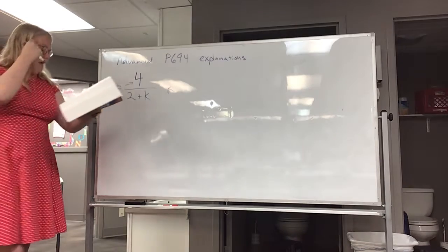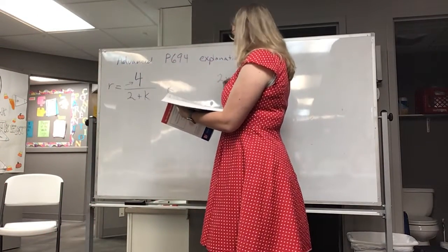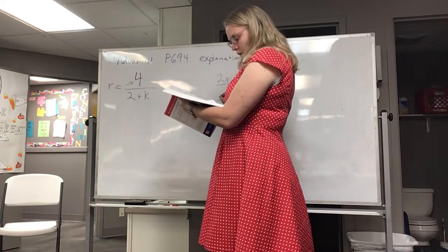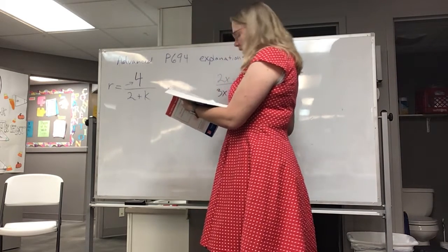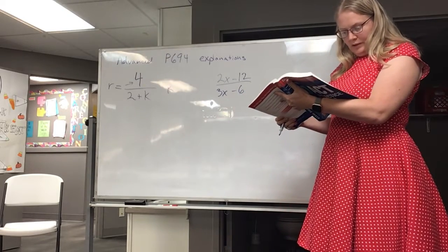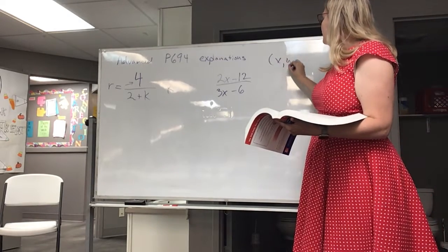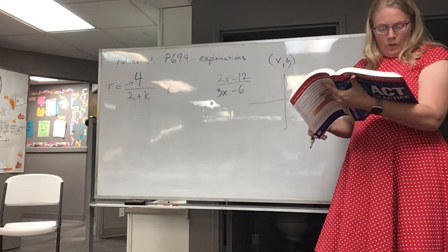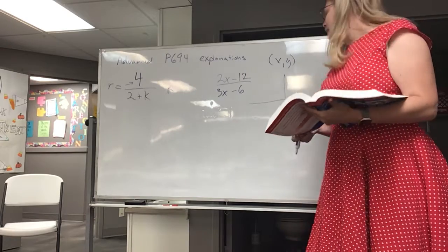On 25, we're considering the equation 2x minus 12 over 3x minus 6. And the question is in the standard xy plane, so our graph plane, which of the following equations represents the vertical asymptote of the graph?